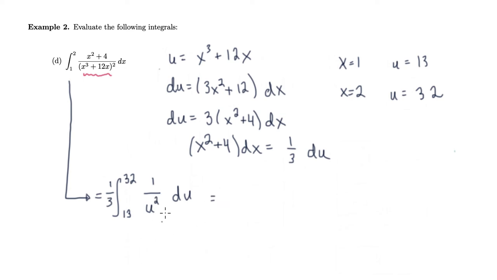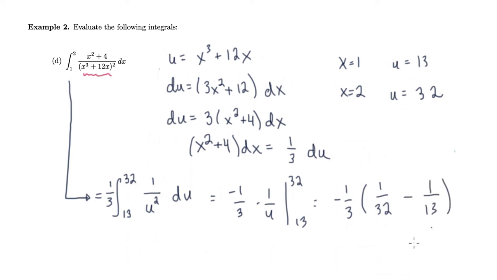Okay, so we just need to find an antiderivative of 1 over u squared. But that's just negative 1 over u. So this will be negative 1/3 times 1 over u, negative coming from the antiderivative, evaluated from 13 to 32. But this is just negative 1/3 times 1 over 32 minus 1 over 13.